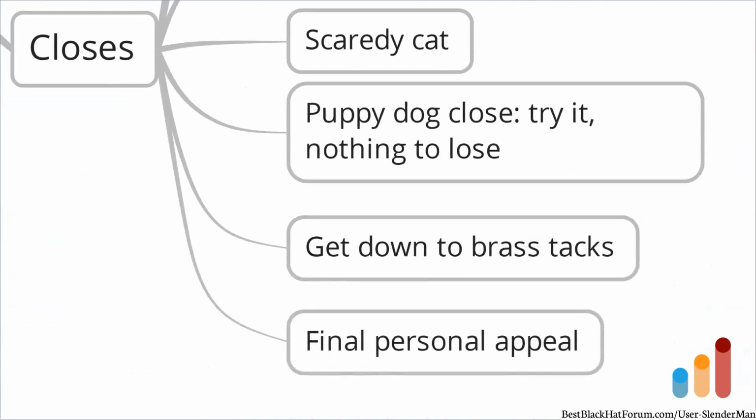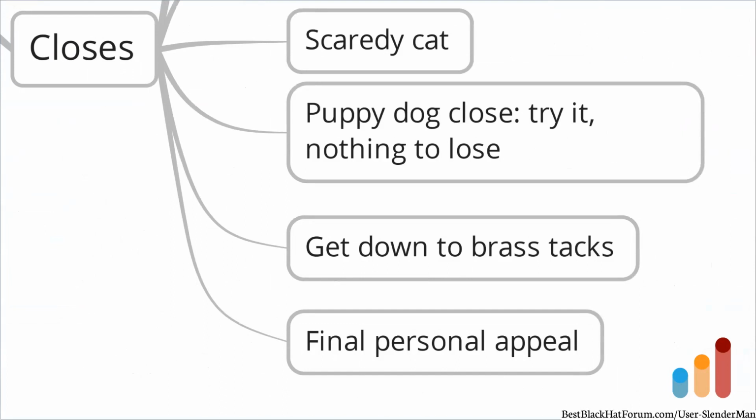One more way to close the sale is kind of the opposite side of that, and it's the warm and fuzzy final personal appeal. You might bring the person's face back on screen, either in the form of a picture, or if you've been doing slides, you might suddenly have a face-to-face video where the person actually says, listen, from the depths of my heart, I believe that this is the right choice for you.